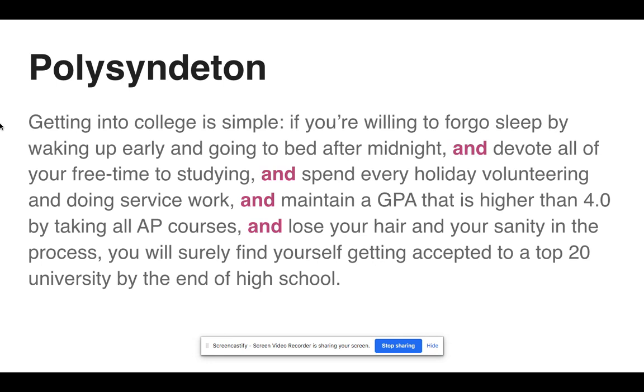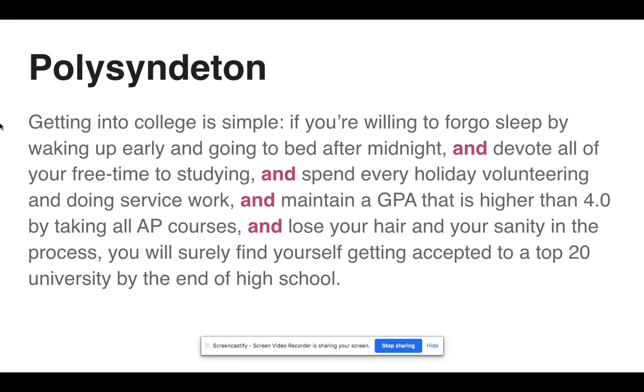As you can see, the sentence is also using polysyndeton with the use of the repetitive and by building or adding several clauses onto the first independent clause, which is getting into college is simple.